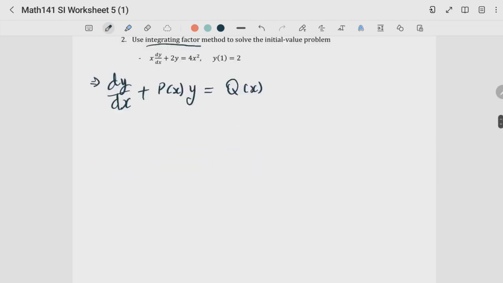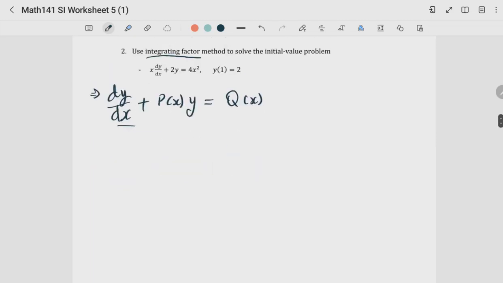So this is the general form that we're trying to get our differential equation into. And as soon as we get it into this form, then we have to find the equation mu, which is just e to the integral of p of x dx.